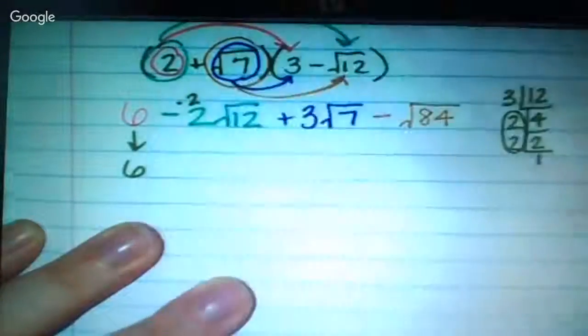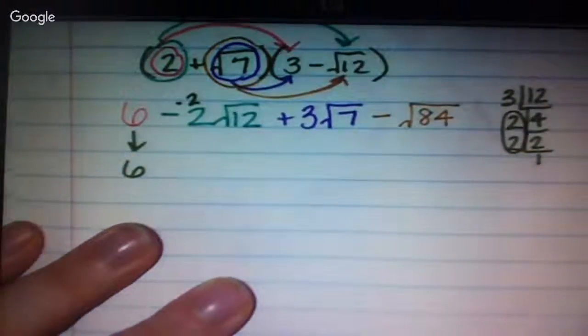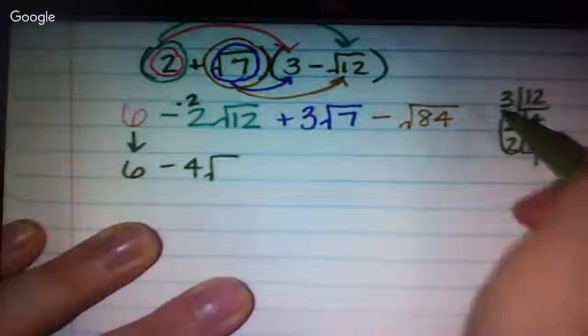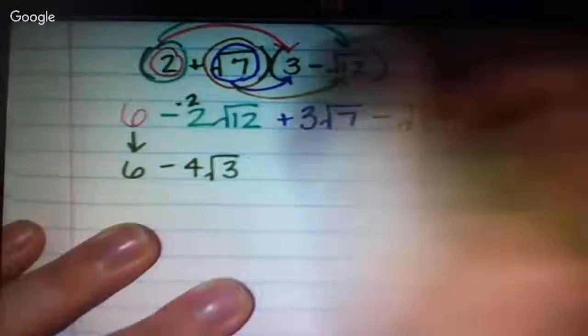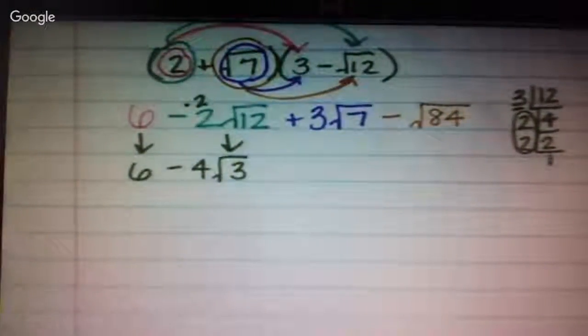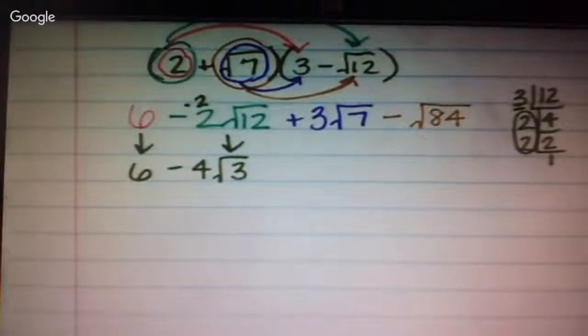So I have a 2 that comes out front and multiplies against the negative 2 that I already have. Negative 4. Square roots, and I'm left with a 3.